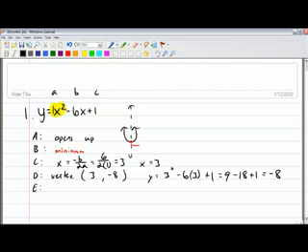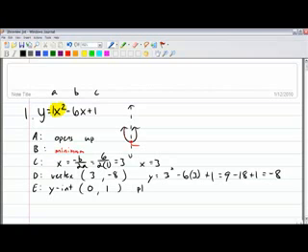Part E, the y-intercept. Well, the y-intercept is where your curve or your function crosses the y-axis. So along the y-axis, the value of the x-coordinate is 0. So when x is 0, what is y? Y is 1.